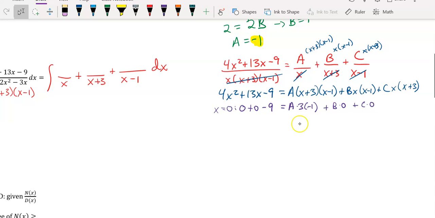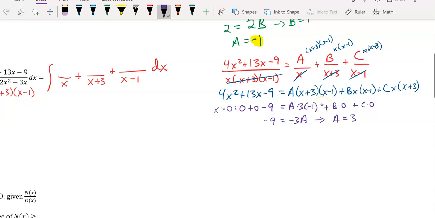So I end up with negative 9 is equal to negative 3a, meaning that a is equal to 3. So plugging in x equals 0 got rid of my b and c factors, and so I was able to solve for a.